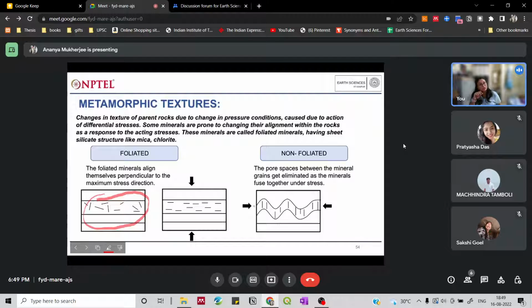Why foliation is important for us to know is because when we are considering such areas as the foundation of our construction projects, we need to know in which alignment these foliation planes are. If they are vertical, all these planes are actually planes of weakness.